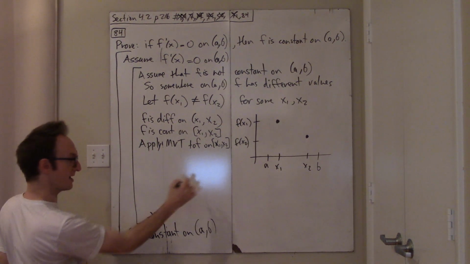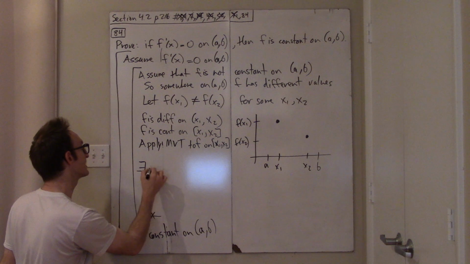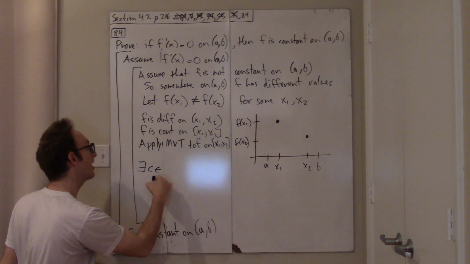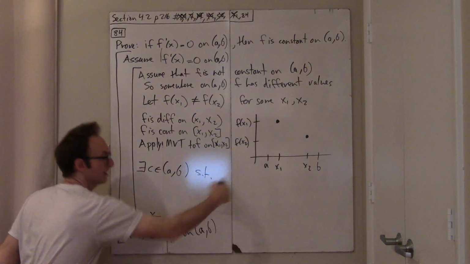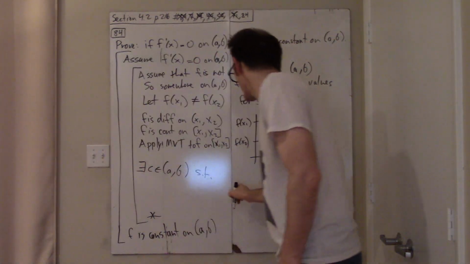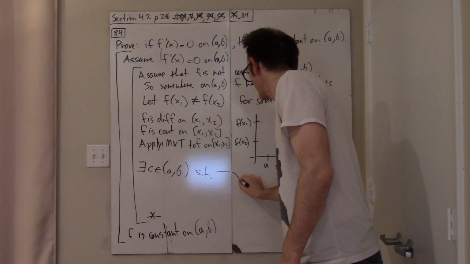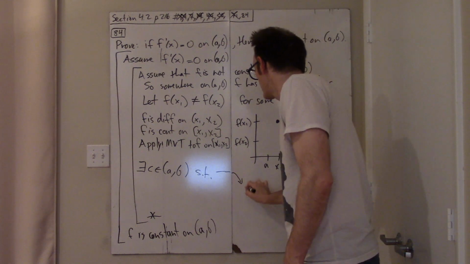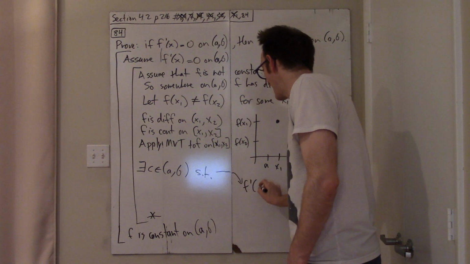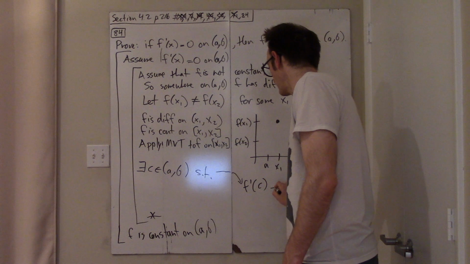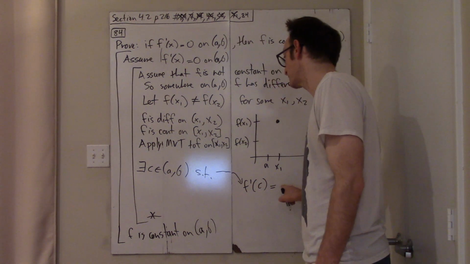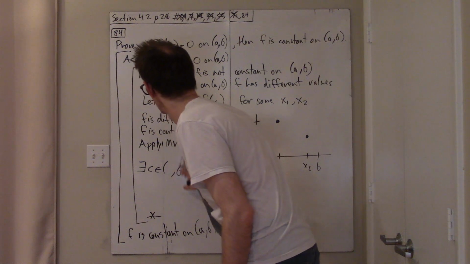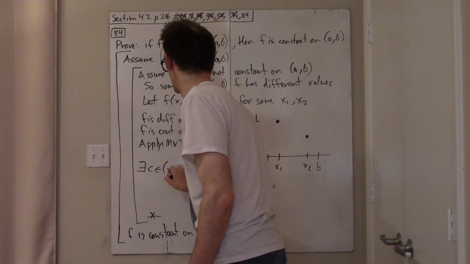It says that there exists some point c on the interval such that the derivative of f at c, this special point c, is equal to, not a, b, x1, x2.